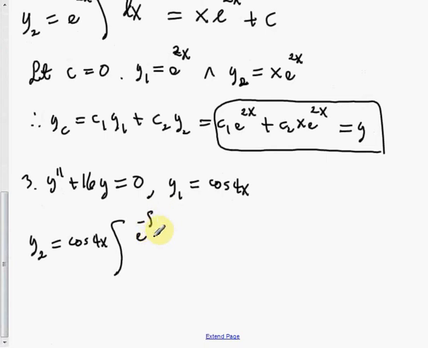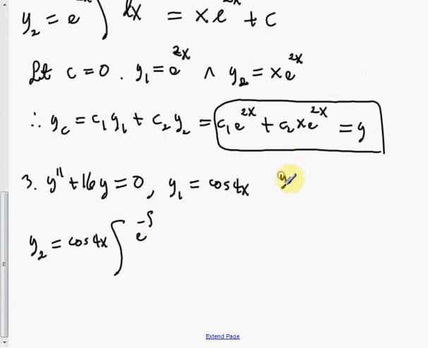What's p of x for this particular problem? It's 0, right? P of x is associated with y prime. It's the coefficient for y prime. There is no y prime here, so its coefficient is 0.